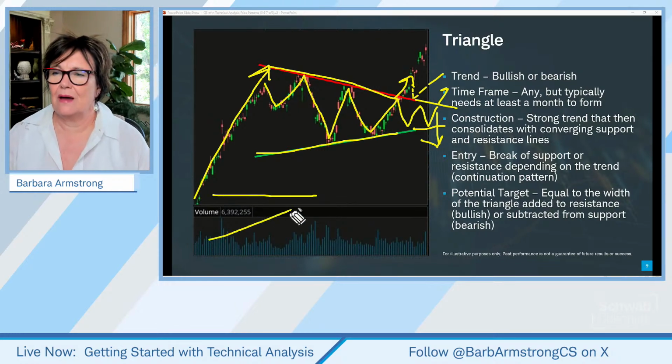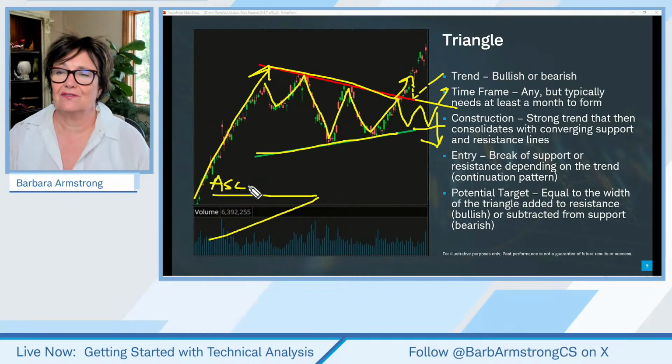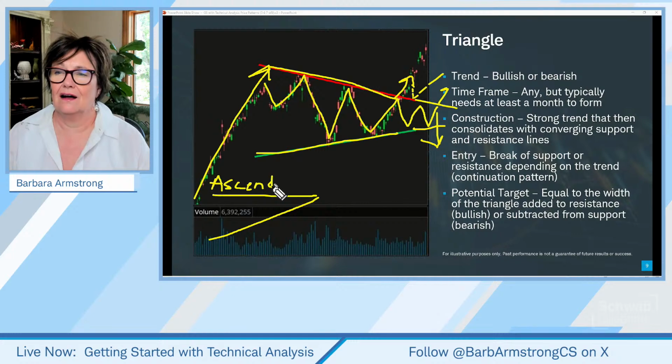we have this kind of pattern, which is called an ascending triangle, where the top is flat. So you've got similar highs and then higher lows.